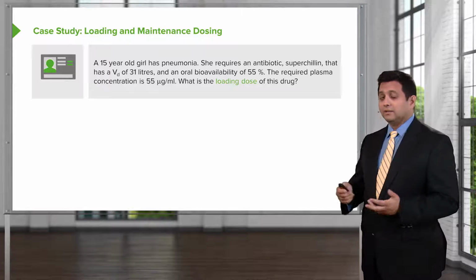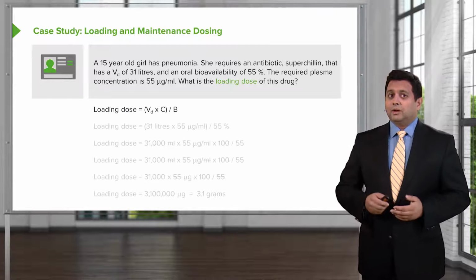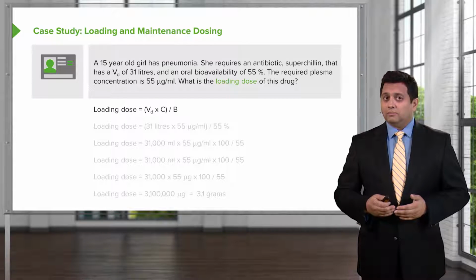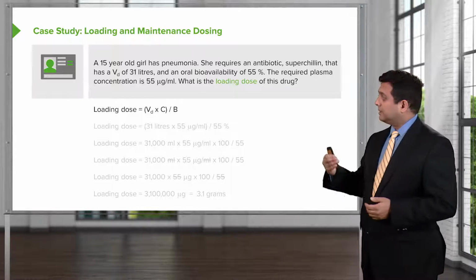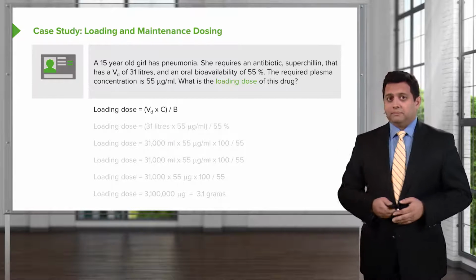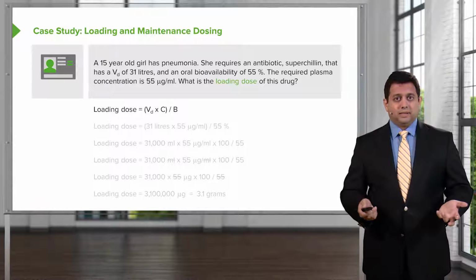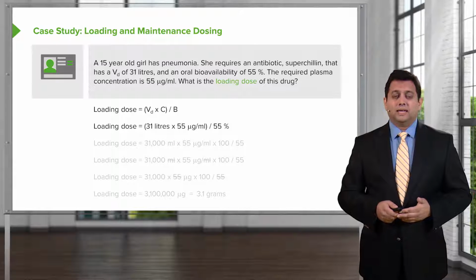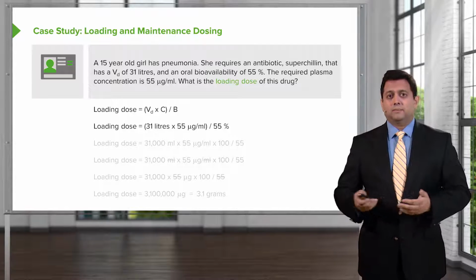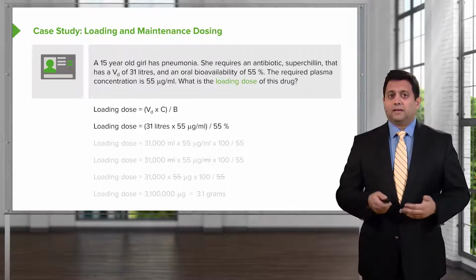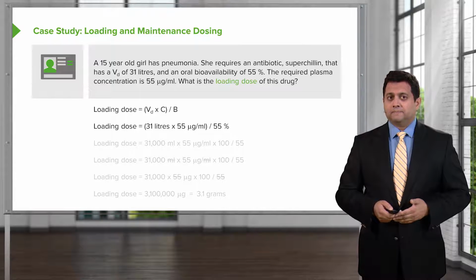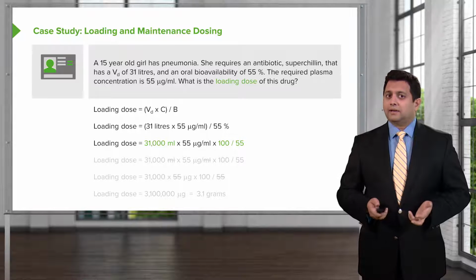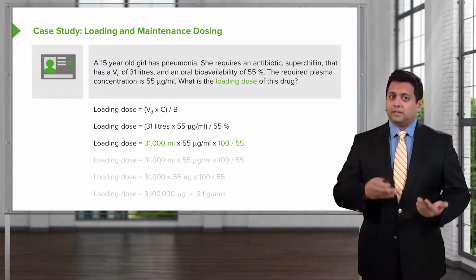Well, let's do the calculations together. We know that the loading dose is the volume of distribution multiplied by the concentration and divided by bioavailability. Let's plug in the numbers. So you can see here that there's 31 liters times 55 mics per mil divided by 55%. That's 31,000 milliliters, right? So we're going to convert that.